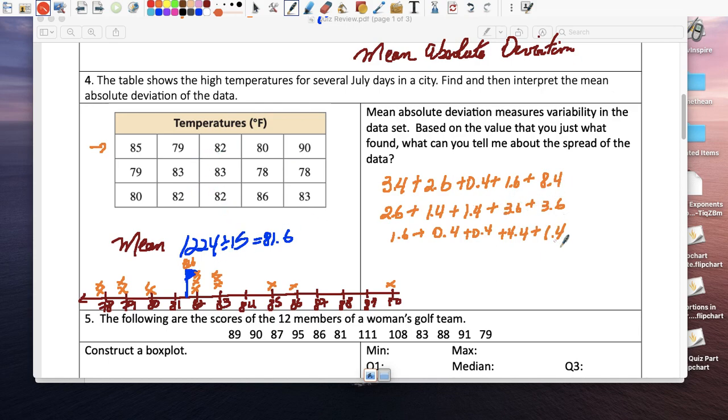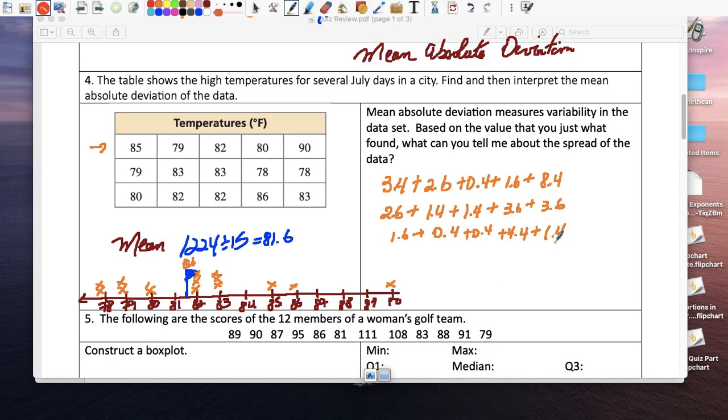All right, so that seems, unless I made some big mistakes, so now we have to add all that. 3.4 plus 2.6 plus 0.4 plus 1.6 plus 8.4 plus 2.6 plus 1.4 plus 1.4 plus 3.6 plus 3.6 plus 1.6 plus 0.4 plus 0.4 plus 4.4 plus 1.4.